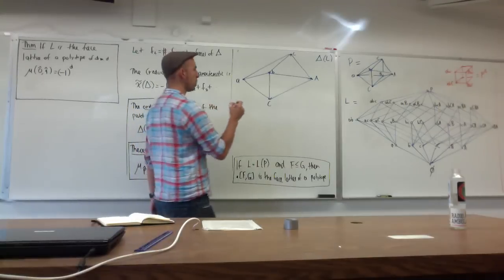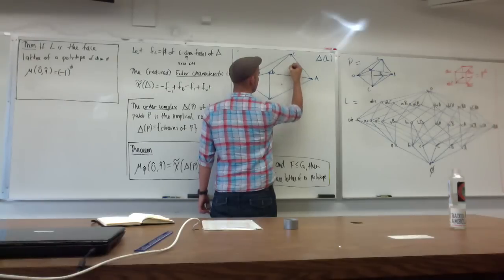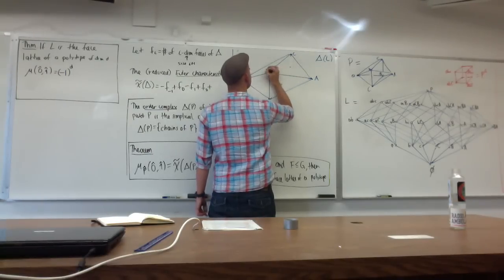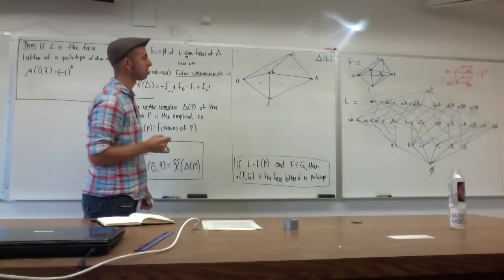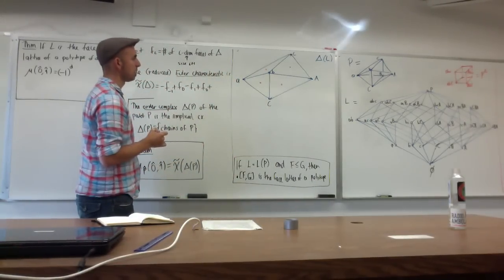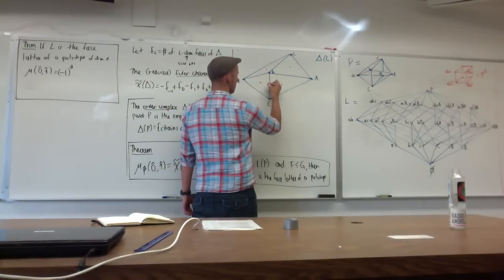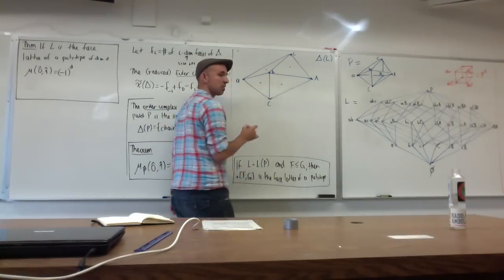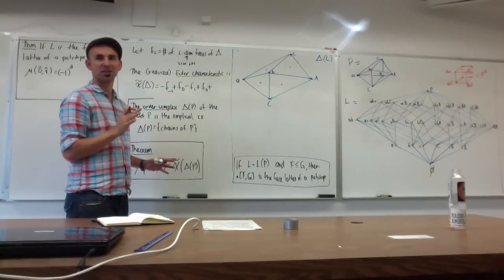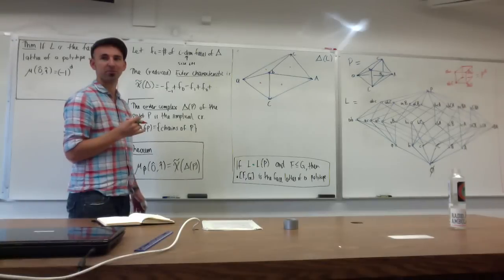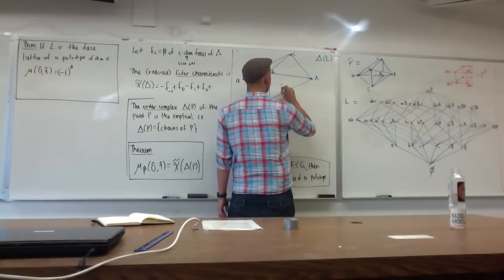So I put a point, for example, in the middle of here, here, here, here. And I'm going to put one in the middle of each edge also. And I'm going to connect everything in what's called the barycentric subdivision. I think I'll just do it and then we'll see what happens.